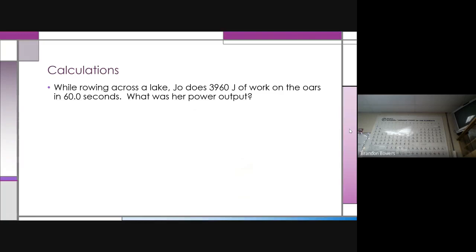Well, how much work did she do? She did 3,960. How much time? 60. So when you plug that in, we got an answer of 66 watts. Work over time.